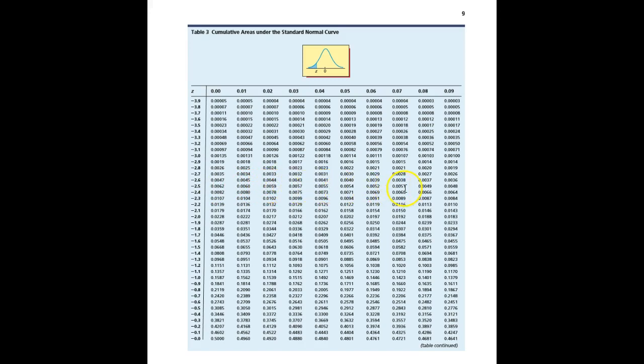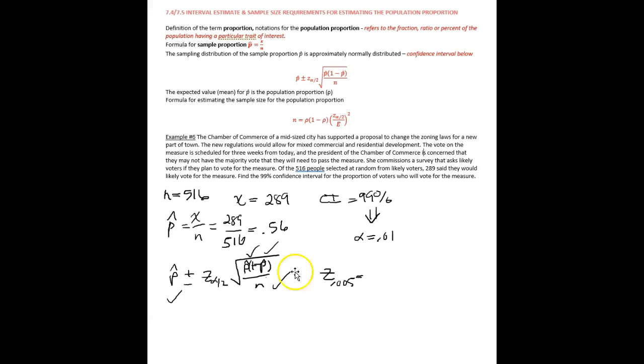Right here we pass it at 0.0049. Perfect. So negative 2.58 is our number, or 2.58. Remember, it doesn't matter because we're plugging this into a plus or minus, so you just always use the positive one.